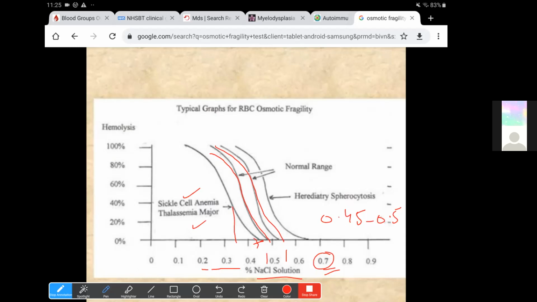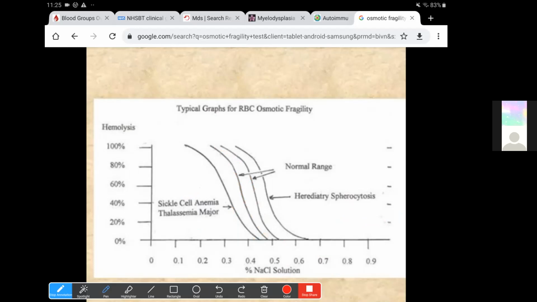Now regarding the normal pattern, they have mentioned that in hereditary spherocytosis the osmotic fragility is increased because there is a right shift. But there is also a small population of resistant cells due to increased reticulocytes.